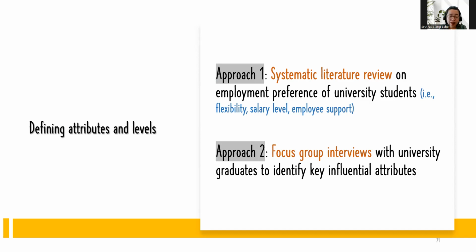For example, we may find that prior studies have already identified flexibility, salary level, employee support, job training, location of the job, and maybe career advancement opportunities. These are all very important attributes or factors for individuals when they consider a job opportunity.